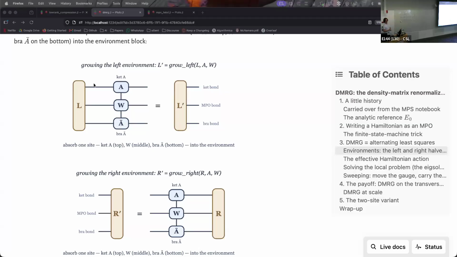This is now a new tensor, L. And then L prime is contract this thing, which is now a new tensor, which I will then call L again. And then L prime, which is the next L, is this thing. And so I can recursively contract the entirety of this network, and all of the cost remains bounded, cubic in both directions.